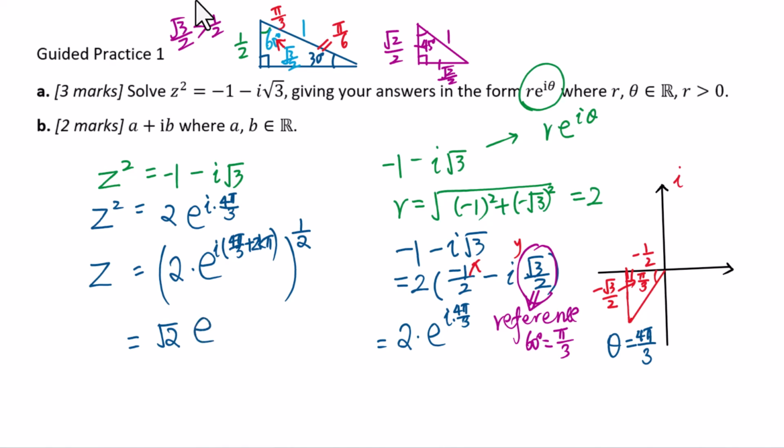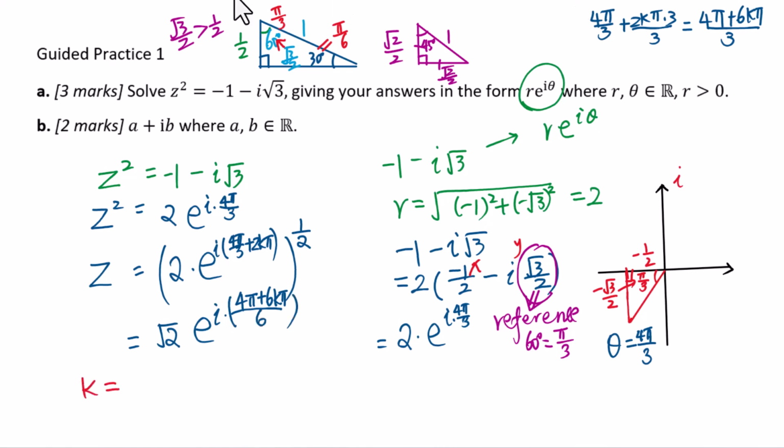So e to the power of i times (4 pi over 3 plus 2k pi) combined together times 3 over 3. So we get 4 pi plus 6k pi over 3. Then times 1/2, we will get 4 pi plus 6k pi over 6.